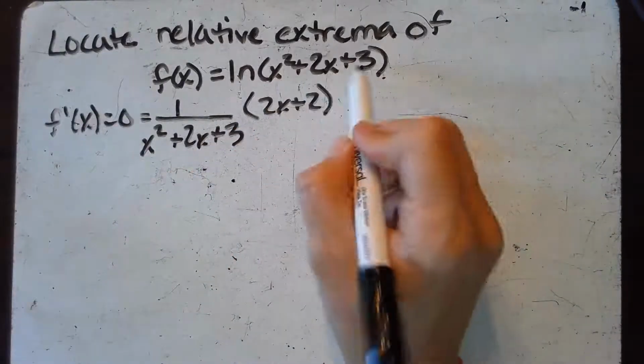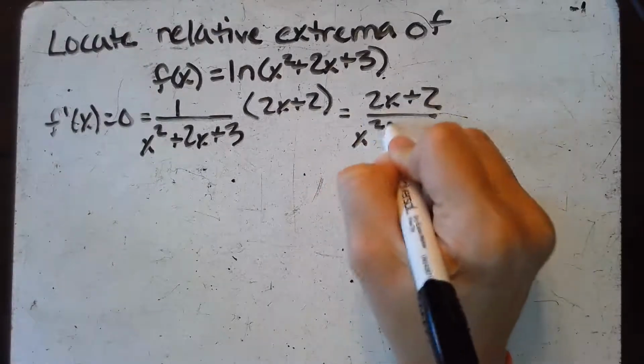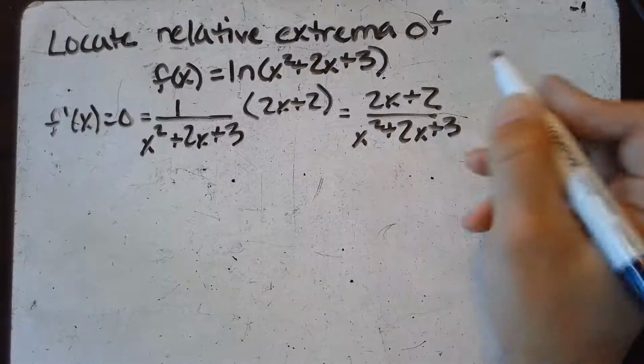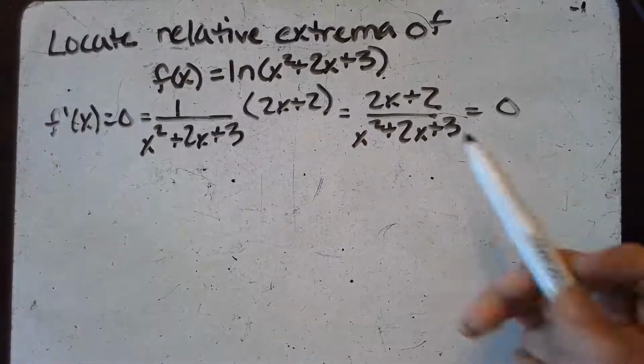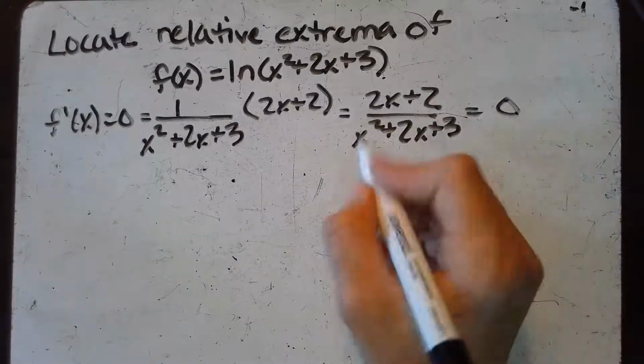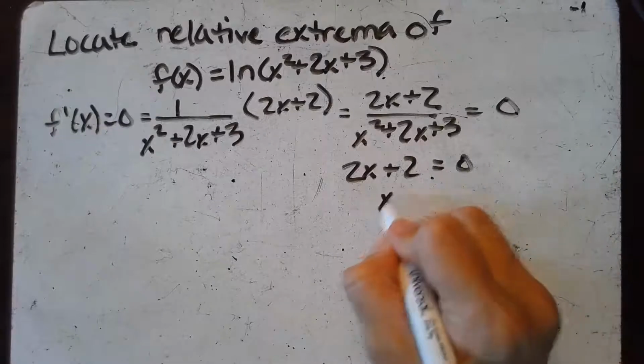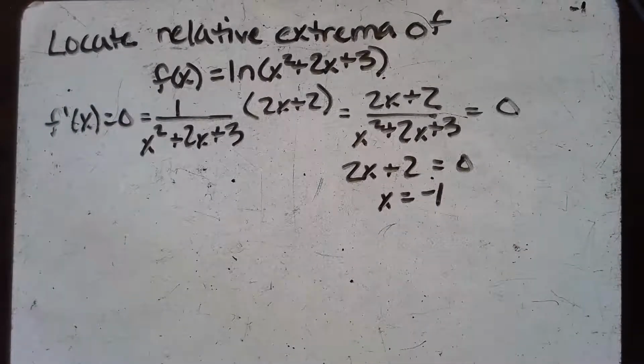That's the derivative of what's inside. And I want to know when this equals 0. Well, here, if you recall, when I multiply by the denominator, it goes away, and I'm left with 2x plus 2 equals 0. When I solve this, x equals negative 1.